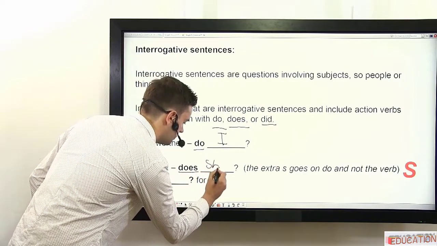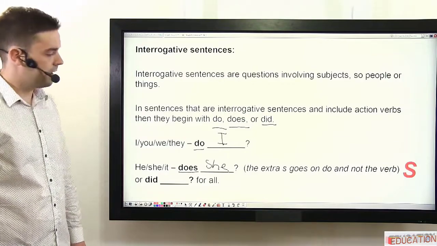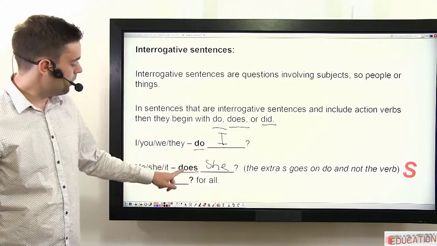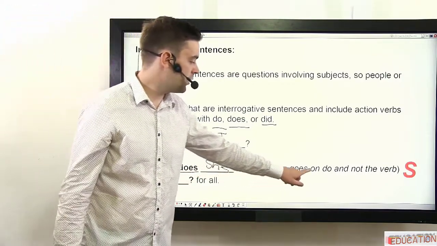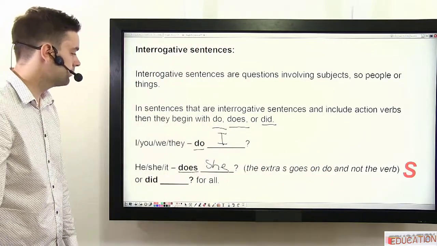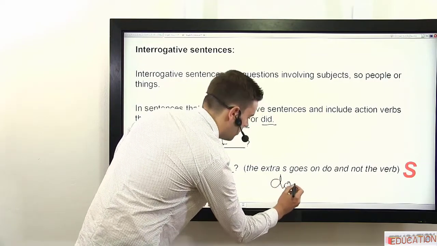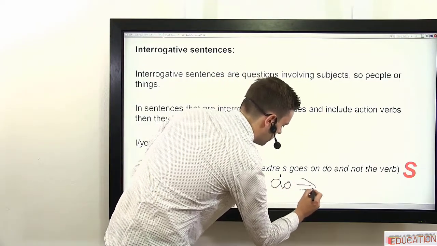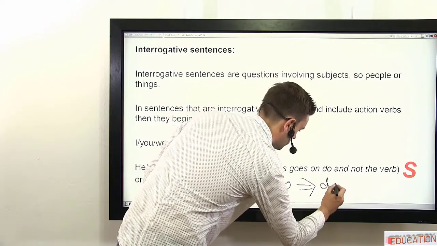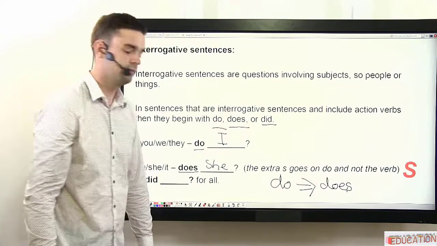Does she? So, you've got do or does. The extra S goes on do and not the verb. So again, do goes to does.